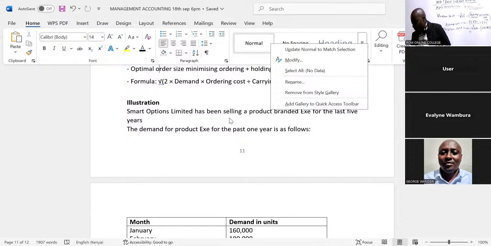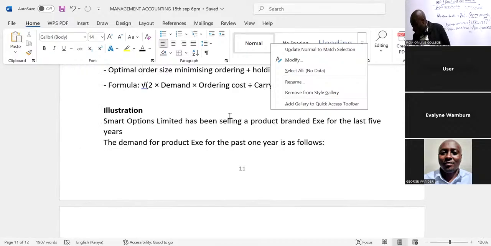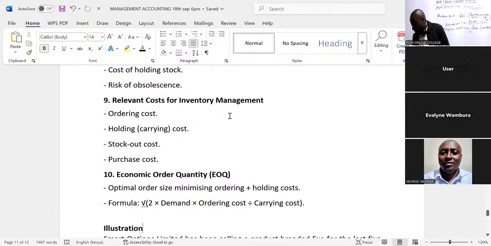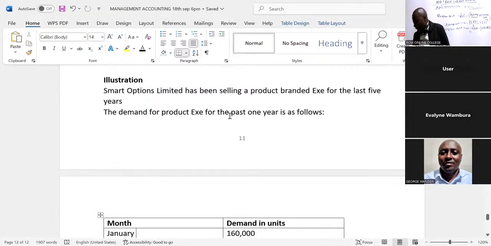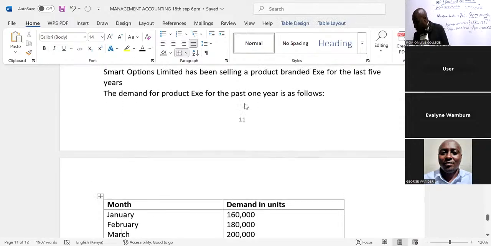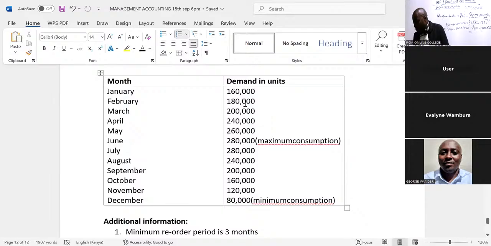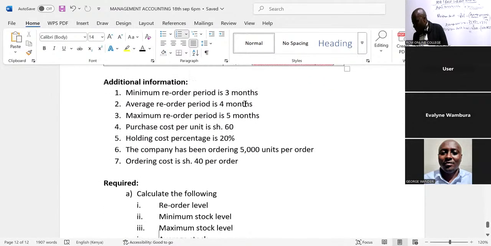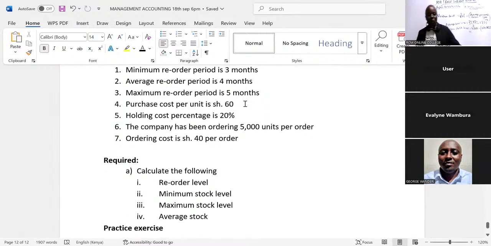So we are told Smart Options Limited has been selling a product branded X for the last 5 years. The demand for product X for the past 1 year is as follows. So I can see months all the way to December. I can see additional information, and then they want me to calculate the reorder level.